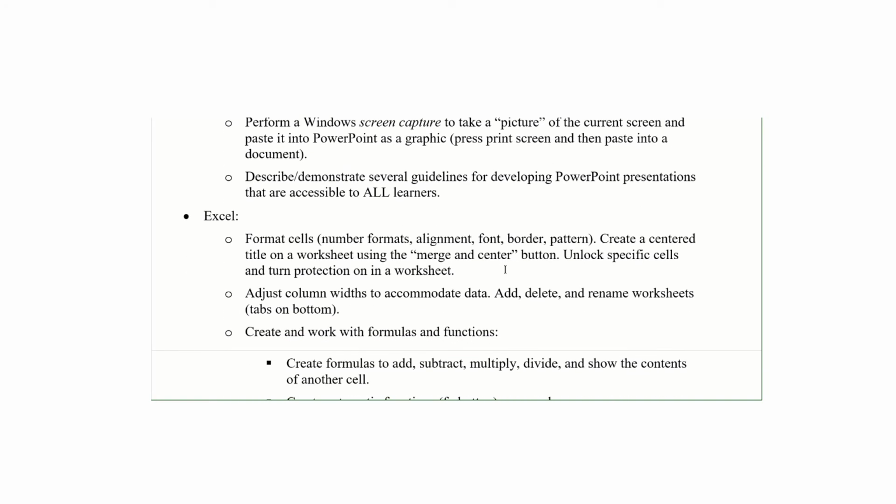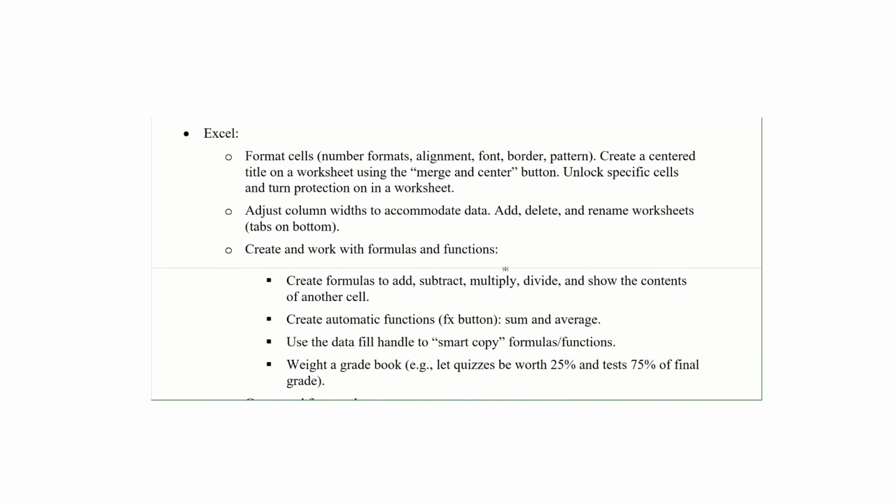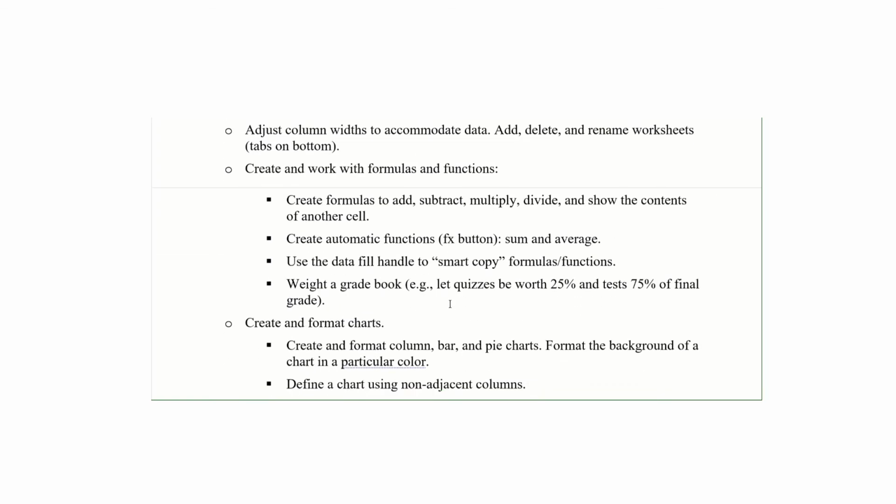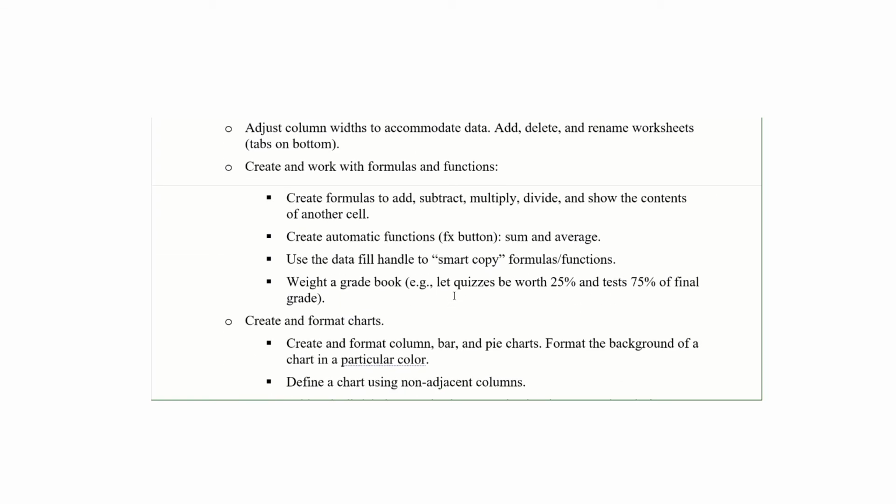And then we also looked at UDL and accessible guidelines to help all learners be able to read our material easily. Then we moved into Excel, and we looked at formatting cells, we looked at adjusting all the widths, adding, deleting various elements. We looked at creating and working with formulas, and the formulas were the manual calculations that we did, like adding by saying this cell plus that cell.